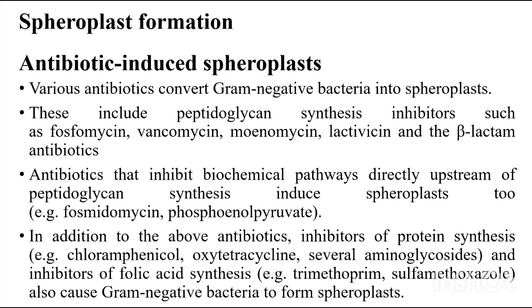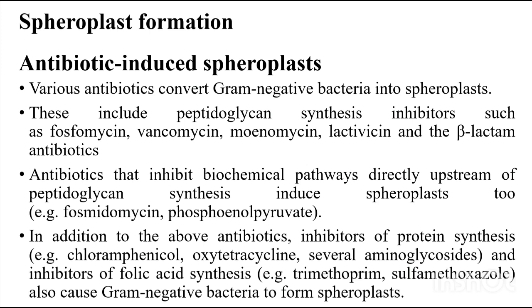One is antibiotic induced spheroplast, because when we apply antibiotic, they inhibit the synthesis of cell wall, and finally a cell wall-less form of microbial cell can be produced. Some examples are chloramphenicol, oxytetracycline.